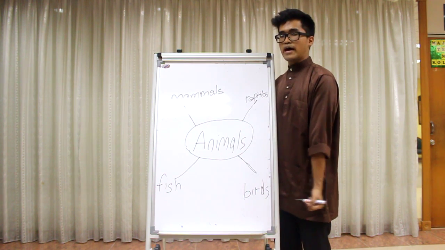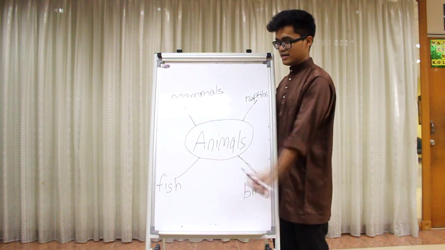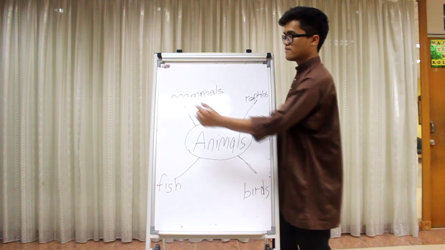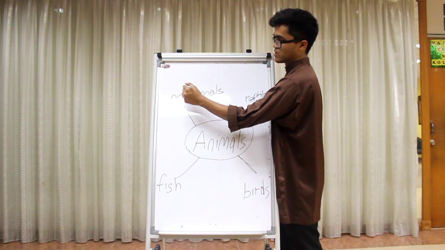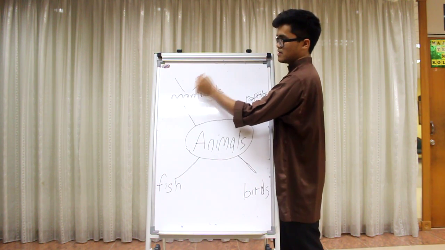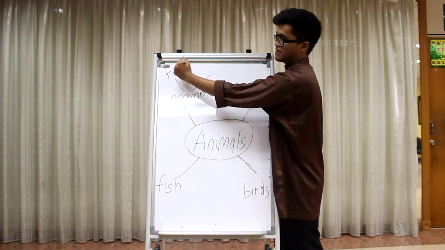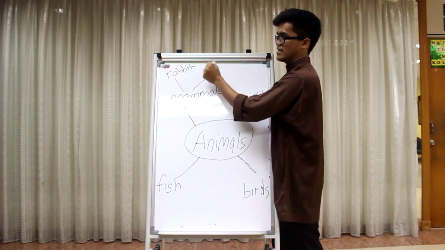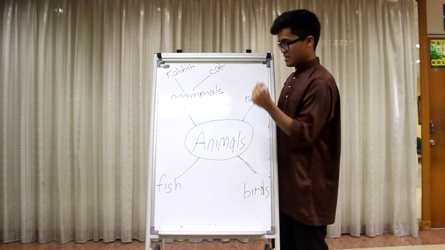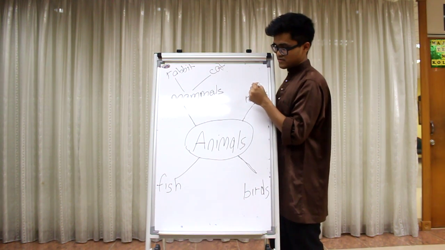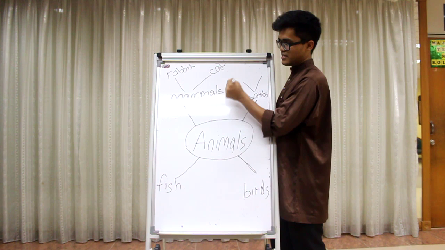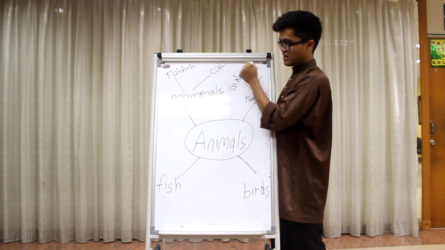Now we would like to add more information regarding animals. So we give examples of mammals. For instance, rabbit is a mammal. Cat is a mammal. And the next category is reptile. Snake. Alligator.